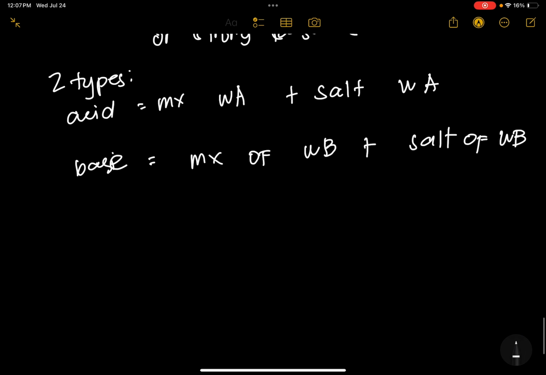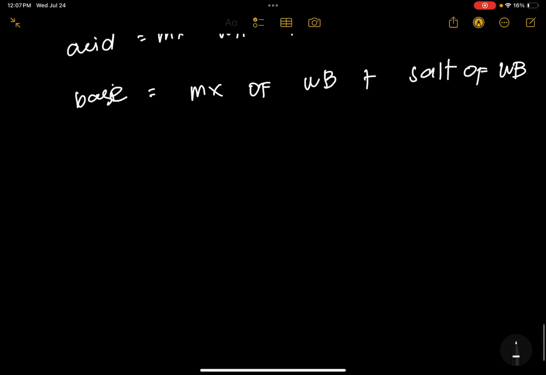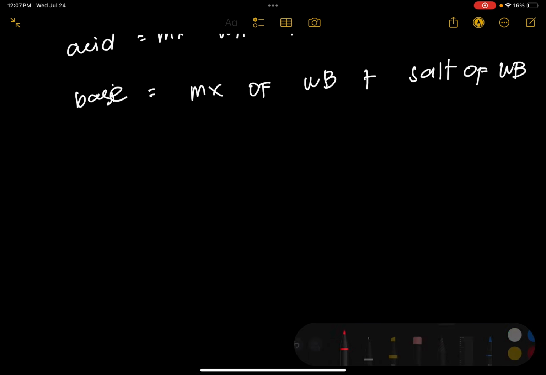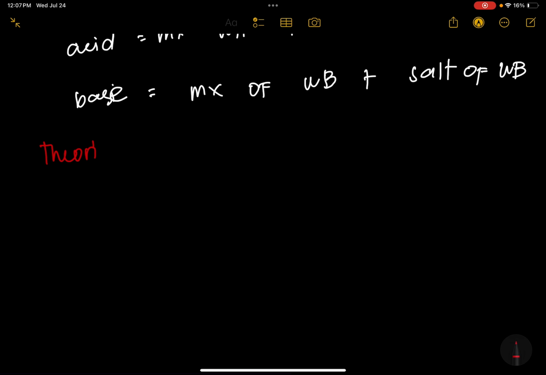So, we have different theories for that. Medyo madugay-dugay ini. So, we have theories for acid and base.